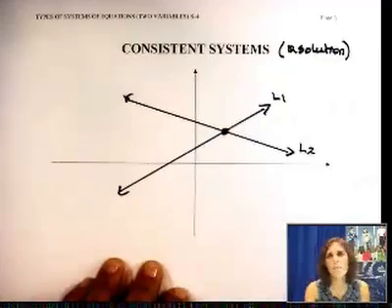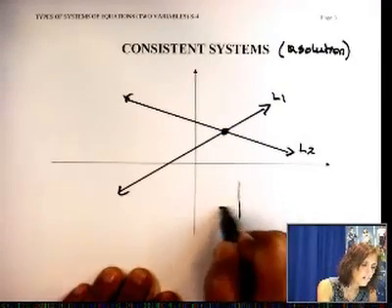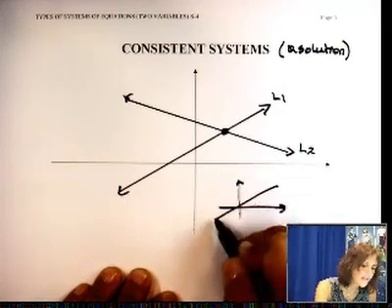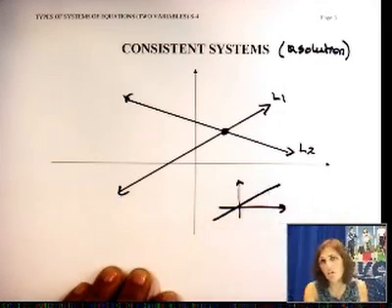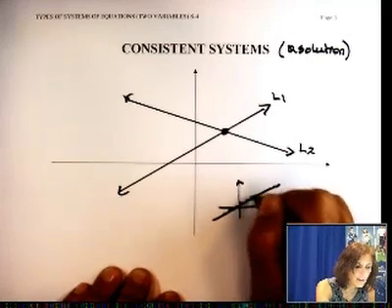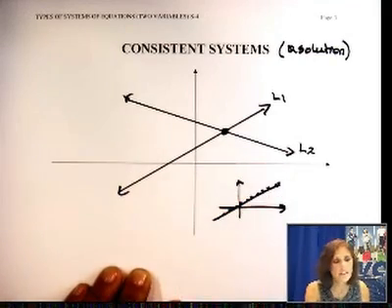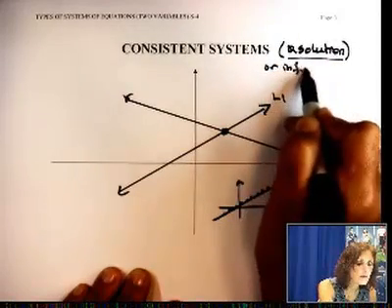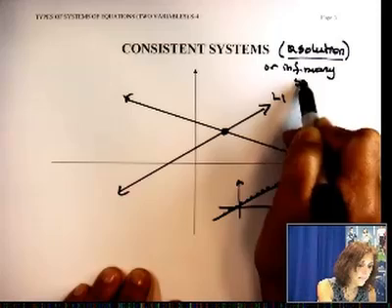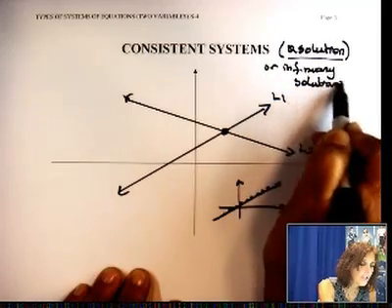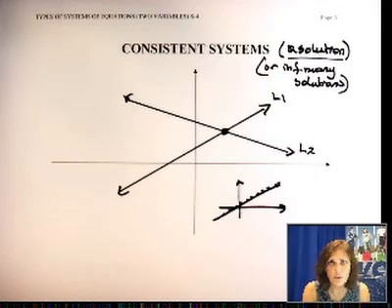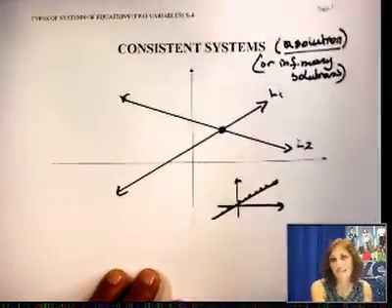Now remember, in the past examples, I had a situation where one line is like a dependent system, the other one is on top of it. That one also has solutions, just infinitely many. So a consistent system is going to have only one solution or infinitely many solutions. But nevertheless, it's going to have at least one solution. So it can be infinitely many or one, but it has a solution.